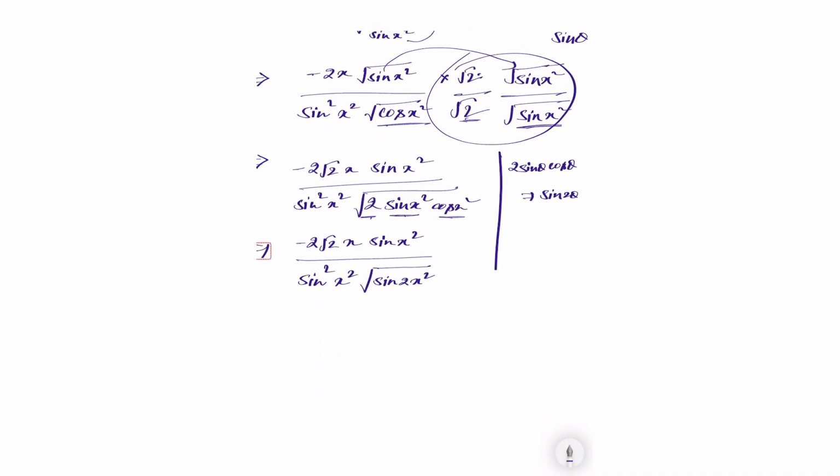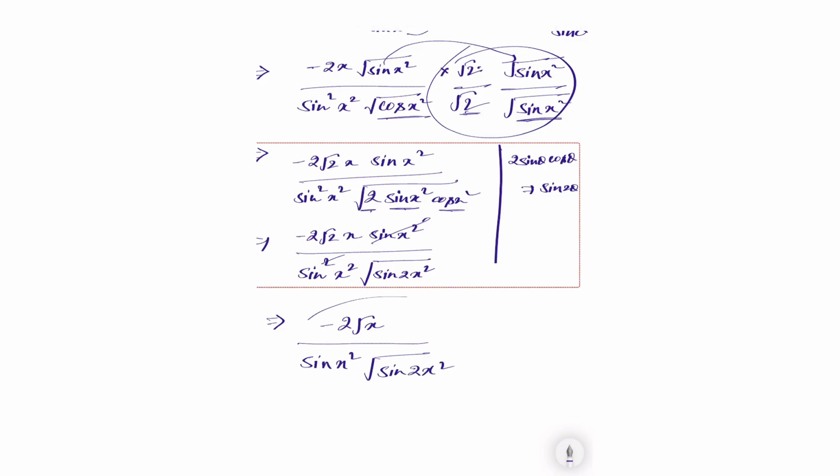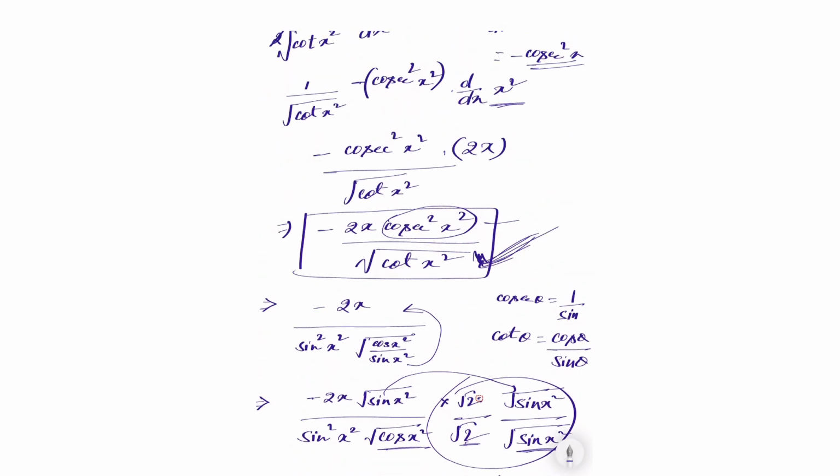Now look at this. 1 sin x square will be cancelled with 1 sin x square. The final step is minus 2 under root 2x divided by sin x square under root sin 2x square. Same answer as mentioned in NCERT textbook. NCERT textbook answer is this. If this question is asked to prove, only then you should go to this proof. Otherwise, at this place your answer is correct.